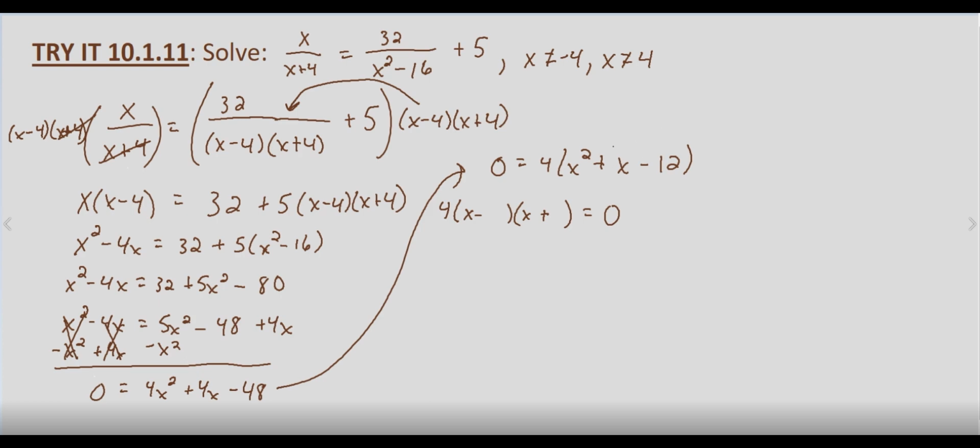Well, that would be 4 and negative 3. So x minus 3 and x plus 4 equals 0. And then using the zero product property, we know 4 isn't equal to 0, but we have x minus 3 equals 0, so x equals 3, or x equals negative 4.